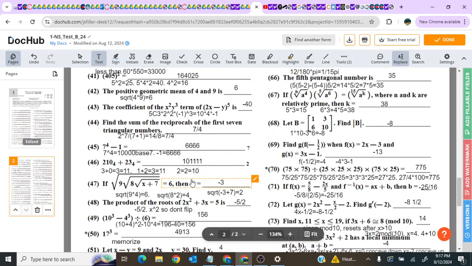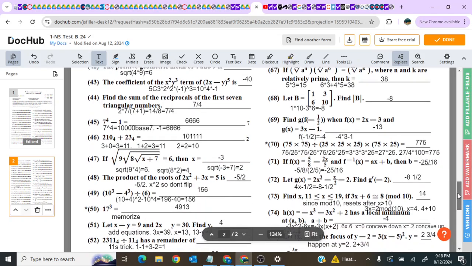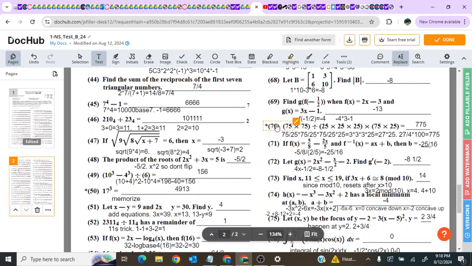47, if square root of 9, yeah, I'm not reading out all that. You can see, hopefully. Basically, for this to be 6, you need this entire square root to be 36. Well, there's a 9 here, which means you need to multiply that 9 by 4. So you need the result of this square root to be 4. Well, that can only happen if the inside is 16. Well, here's an 8.